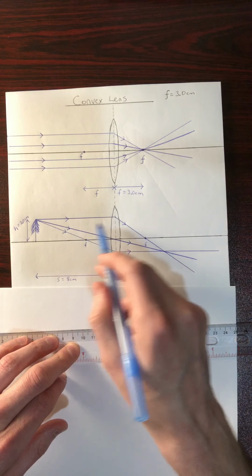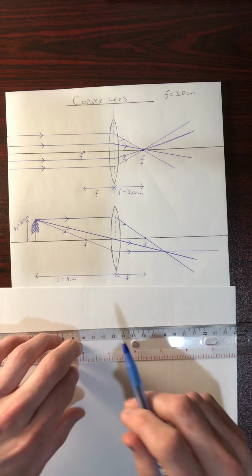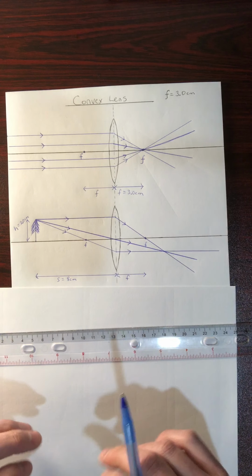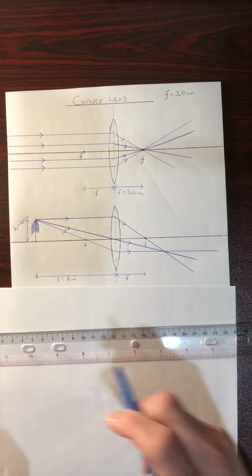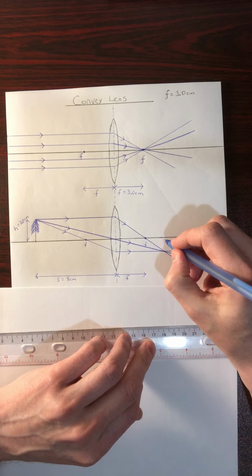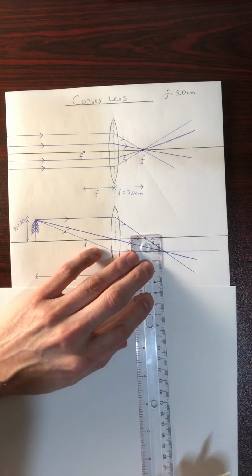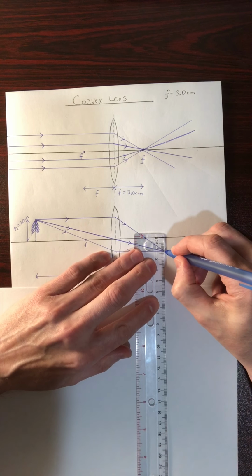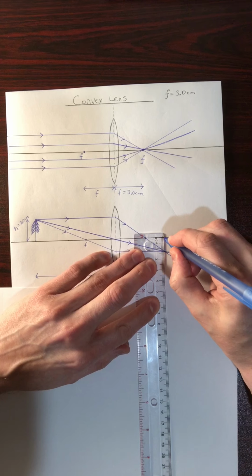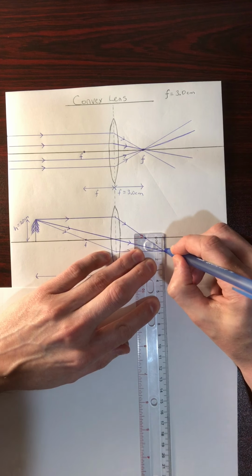Okay, so these three lines give us the ability to map out what's going on with an image of this object. So already we can kind of look at this, and we know that it's upside down. That's pretty clear because it's on the other side of the axis.